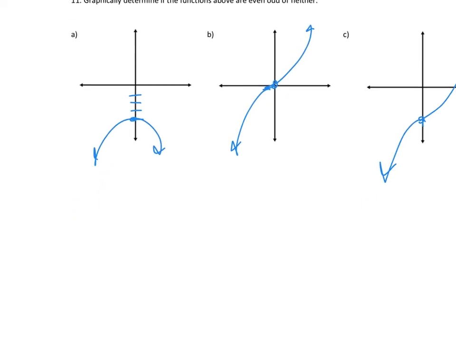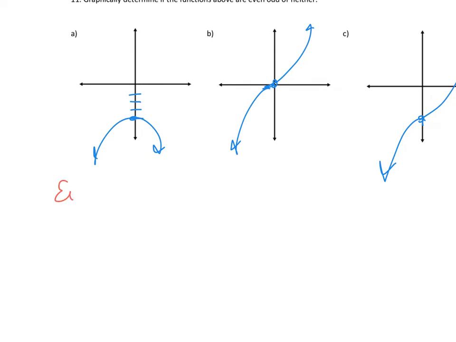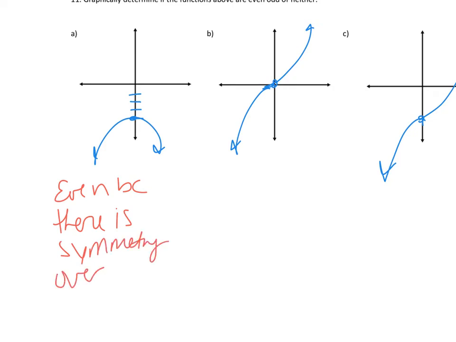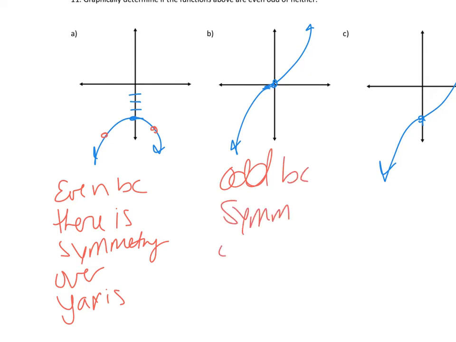So the first graph is even, because there is symmetry over the y-axis. Basically, this point is exactly like that point. It's a butterfly. The next function is odd, because there is symmetry over the origin.